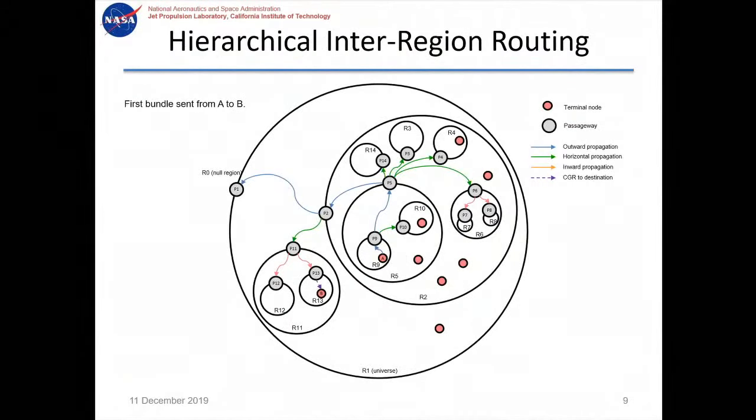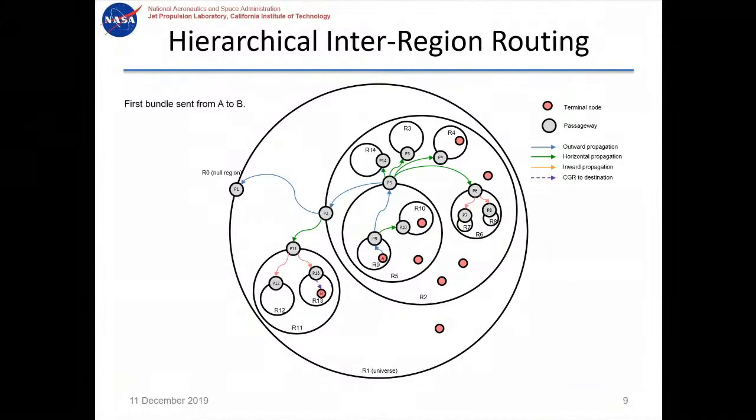And just by way of an illustration, and I won't try to go into this because it's a whole topic in itself, you can imagine that if you've got a node in here and it needs to talk to a node over here, it can discover a way of talking to, well, it's not in my region here, so I'll ask my passageway to the outer region. The outer region says, oh, it's not in here, I'll ask this guy. This guy says, oh, it's not in here, but this guy might know.